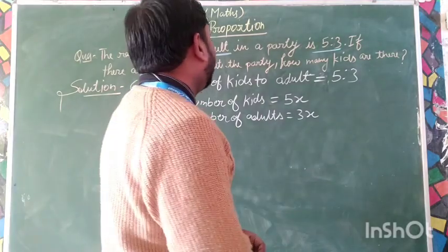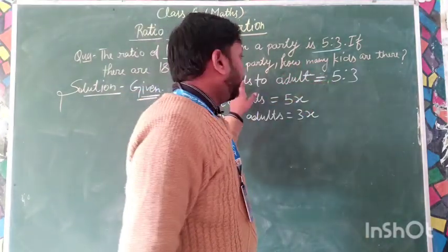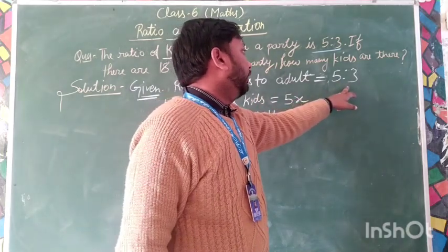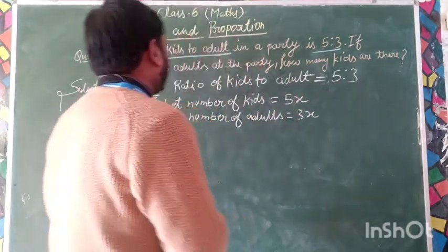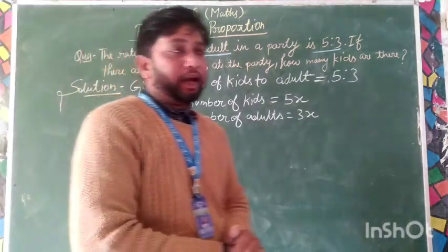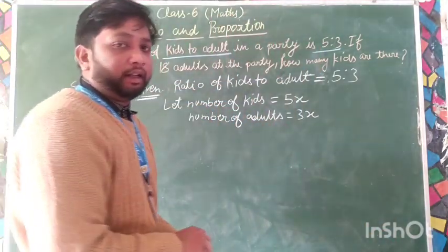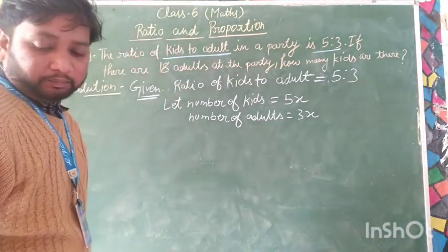Why? Because the first term, the antecedent, is for kids, and the second term, the consequent, is for adults. Now if we move further, we find the value of x, and then in the last we find how many kids are there in that party.